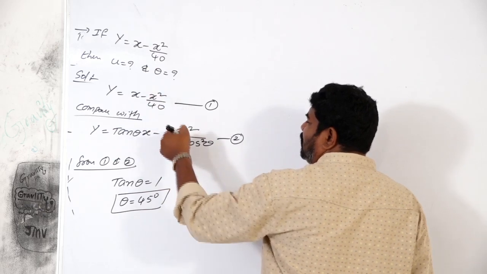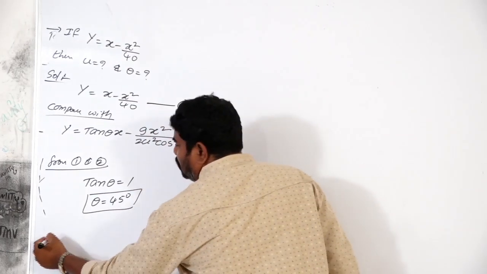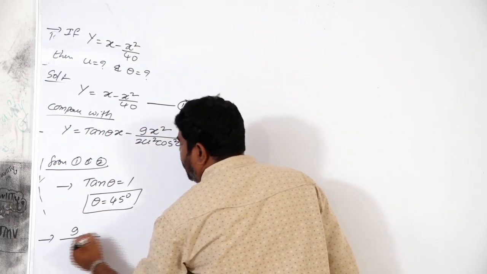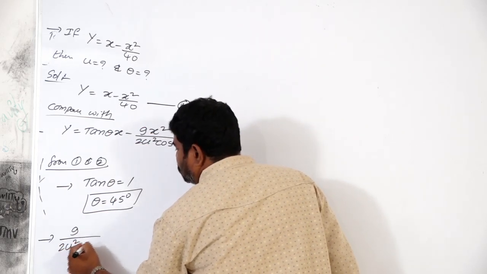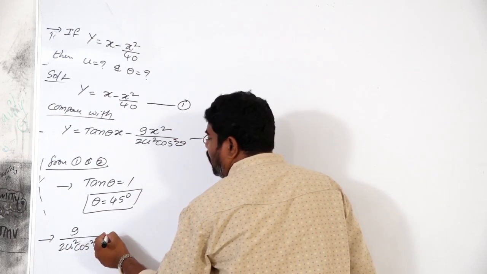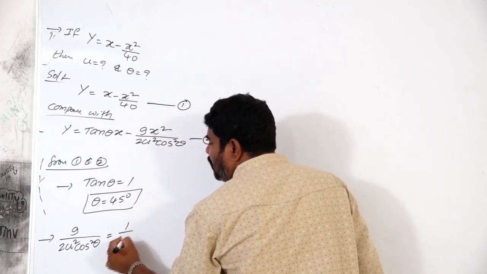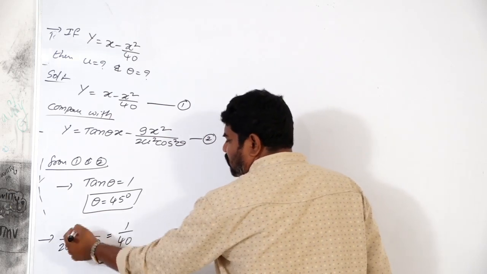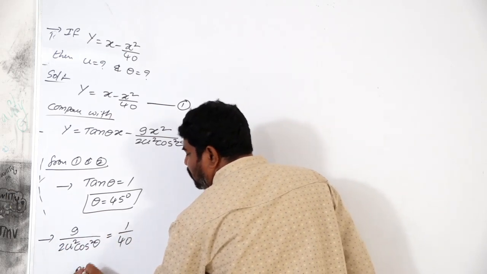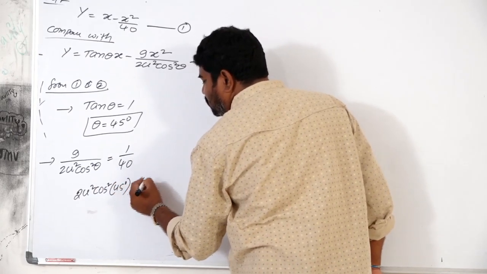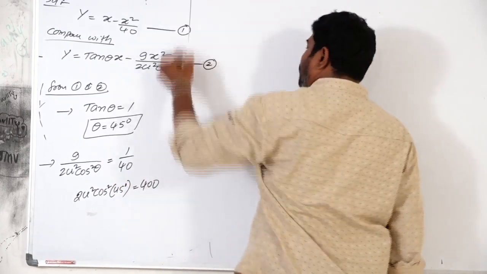We are comparing the x square coefficients here. What is the x square coefficient here? g by 2u square cos square theta is equal to 1 by 40. So g is nothing but 10, and 2u square cos square 45 degrees is equal to 400.